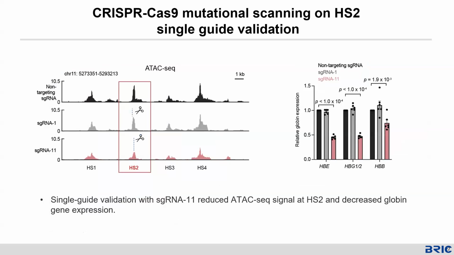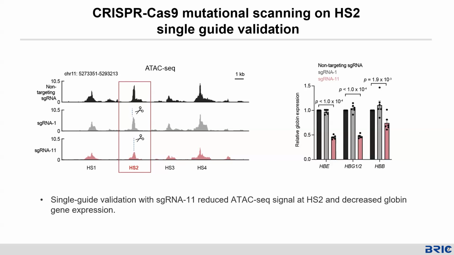Next, to validate this screen result, I performed a single guide validation using TDAC-seq, and the guides that we chose are guide RNA 11, which is close to the big blue chunk that showed a significant reduction in chromatin accessibility, and guide RNA 1 and a non-targeting guide RNA as negative controls. So again, guide RNA 11 targets that 10 base pair key motif, while guide RNA 1 targets a site far from the key motifs.